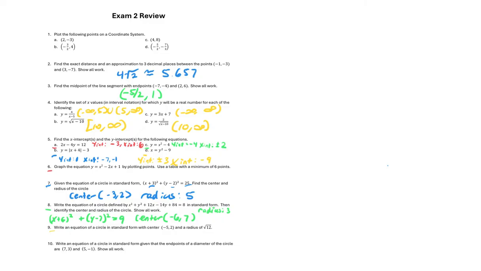So the standard form, we would get x minus a negative 5, all that squared, plus y minus 2 squared is equal to the square root of 12 squared. And if we simplify that down, we get x plus 5 squared plus y minus 2 squared is equal to 12.